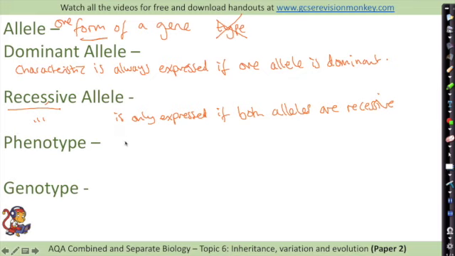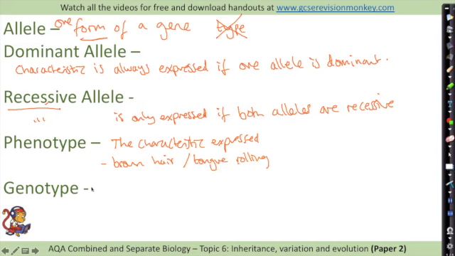A phenotype is what you look like, so it's the characteristic that is expressed. If they ask you about the phenotype, you might be talking about brown hair, for example, or tongue rolling. It's whatever characteristic you're talking about in the question. A genotype is the alleles present at the genetic level.